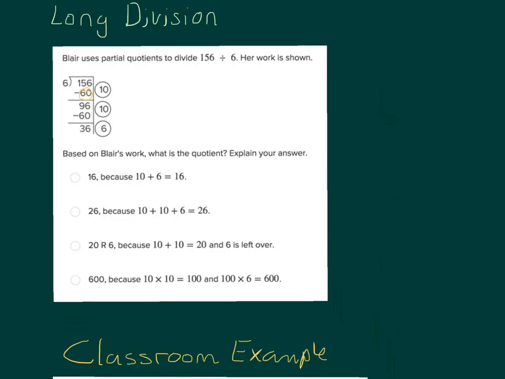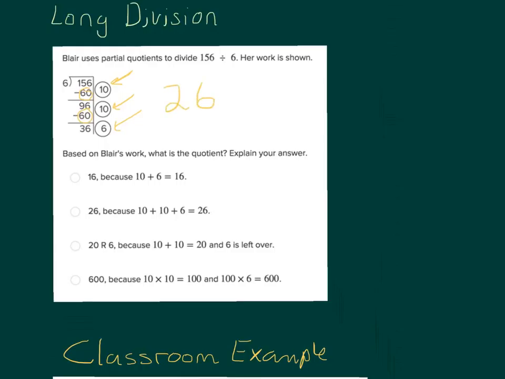Okay, and 6 times 10 makes 60. 6 times another 10 makes another 60, and 6 times 6 makes 36. Okay, so now when you put all of those partial products together, you end up with 26.